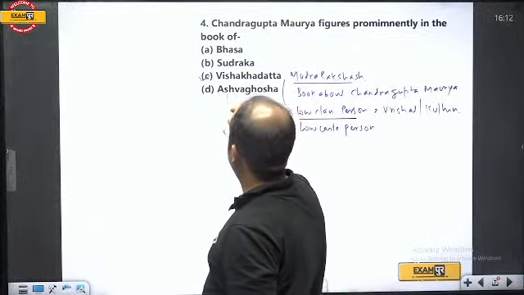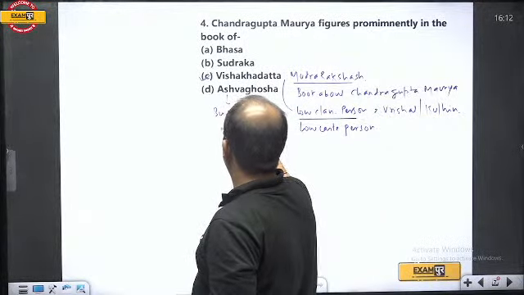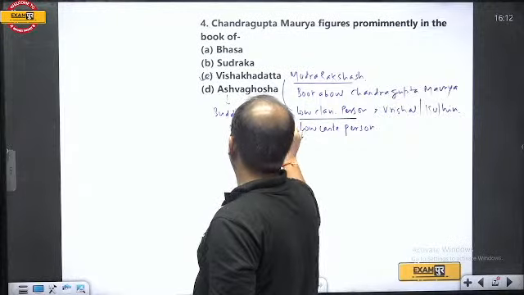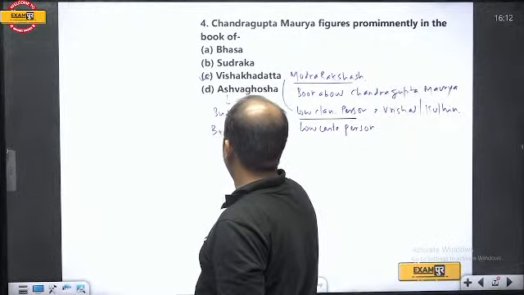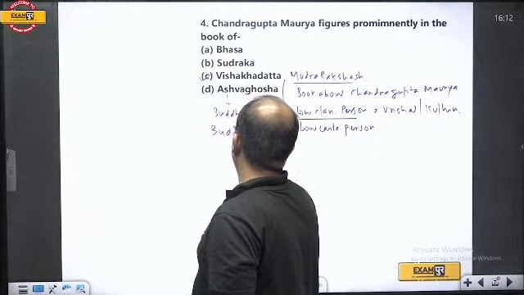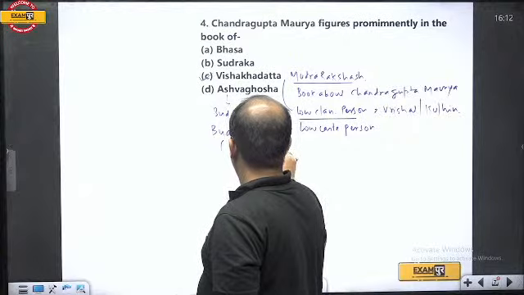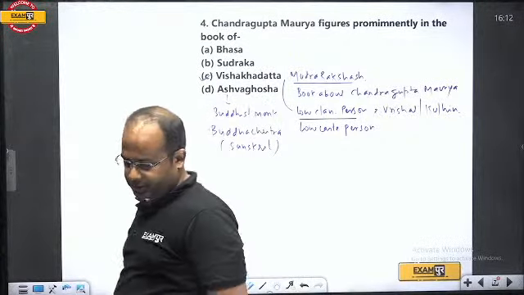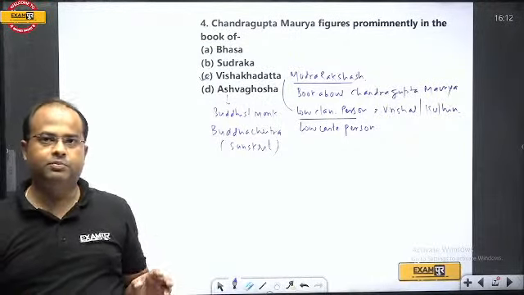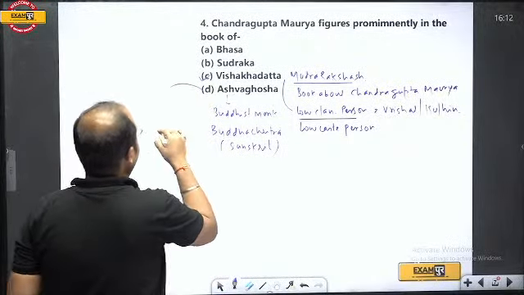Ashwaghosh was a Buddhist monk and he wrote a book, Buddha Charitra, in Sanskrit. This is a very famous book written by Ashwaghosh, and he was in the court of Kanishk.